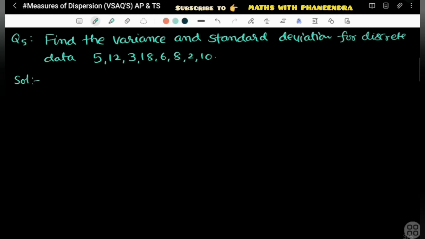So variance and standard deviation. Standard deviation means root of variance, that's all. If you calculate variance, obviously it will come.